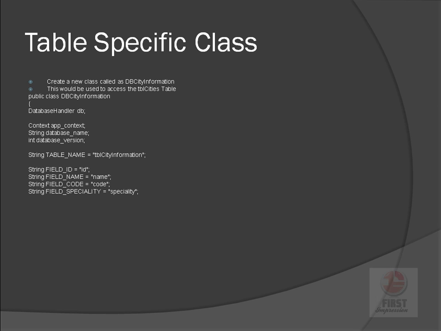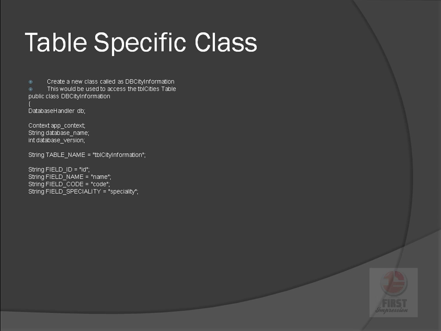Why are we doing this? Because whenever we have a query, inside that query we'll always be using the table name. Inside the query we'll always be using the ID, the name, the code and the specialty. So if tomorrow the table name changes, then you will have to change that table name in all the queries, correct? To get around that, instead of using the table name as TBL city information, we'll be using the variable table name at all those places.